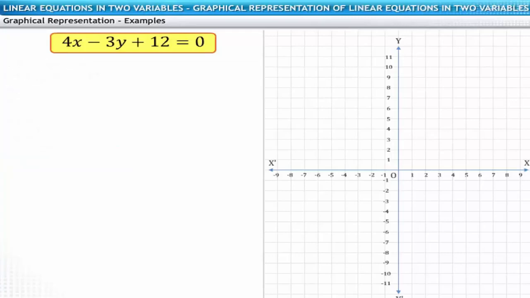Next, let's determine another solution for the equation. This time, we'll substitute 0 as the value of y in the equation and simplify it. Please take note of the simplification steps.